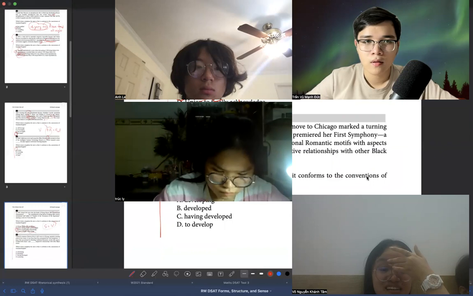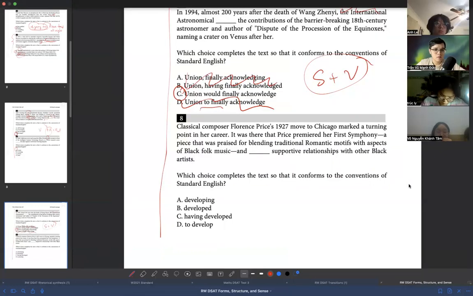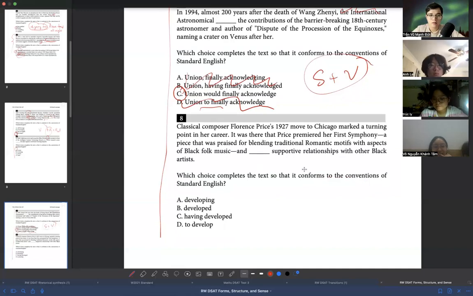B. 8. Is it B or D? B, right? Developed. Let's see. Florence, it was there that it appears a piece that was praised for blending traditional. All right. When it comes to and, what is the kind of structure that comes into your mind?